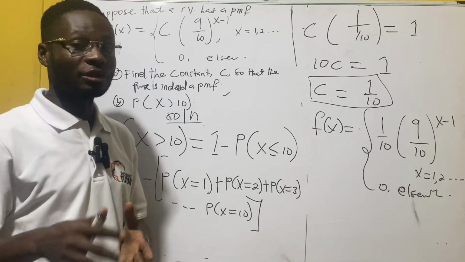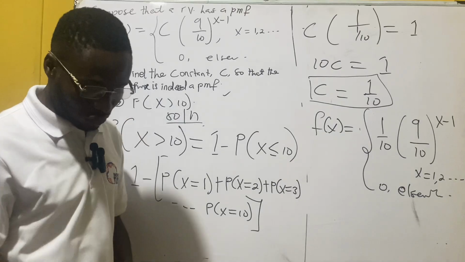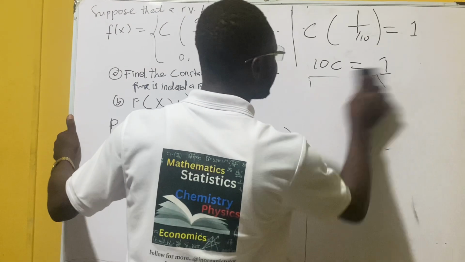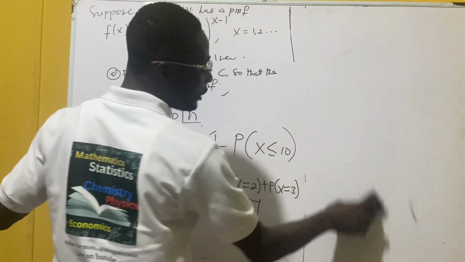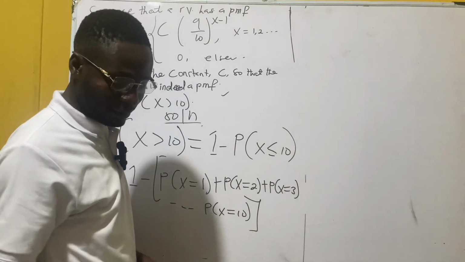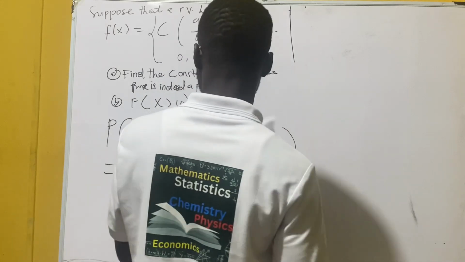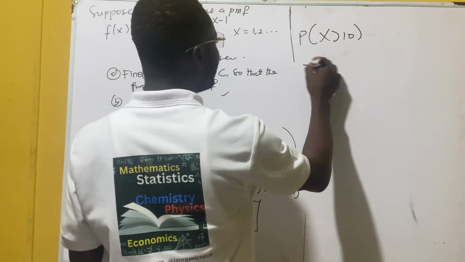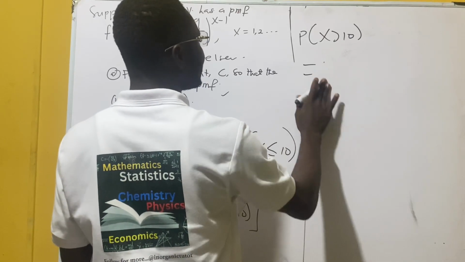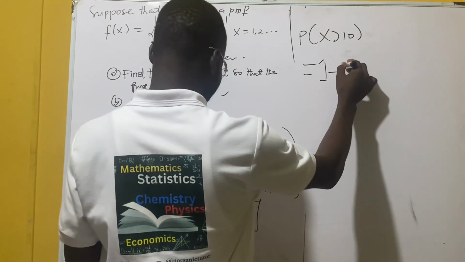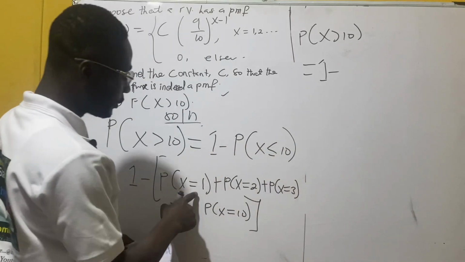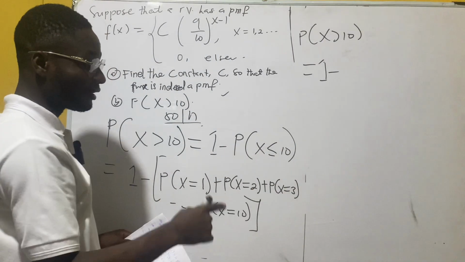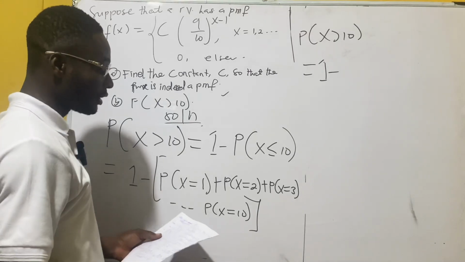Then we have the probability of x greater than 10. So the probability of x greater than 10 will be equal to 1 minus the probability of x equals 1 plus the probability of x equals 2 plus the probability of x equals 3 up to the probability of x equals 10.